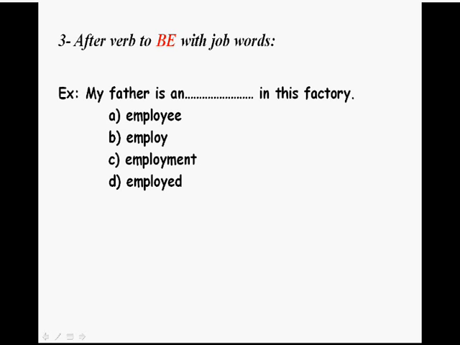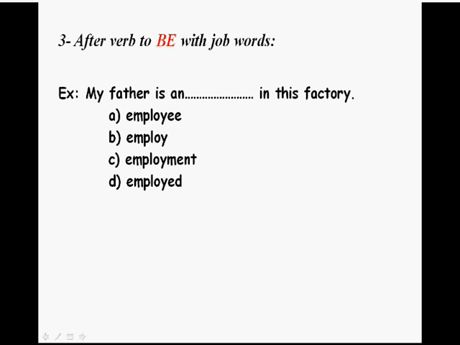So let's say, is a doctor, is a teacher. In our case here, is an. So which word is the noun? We have employee, employ, employment, and employed. We have two nouns, employee and employment.